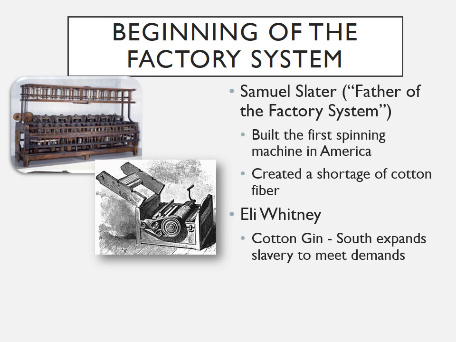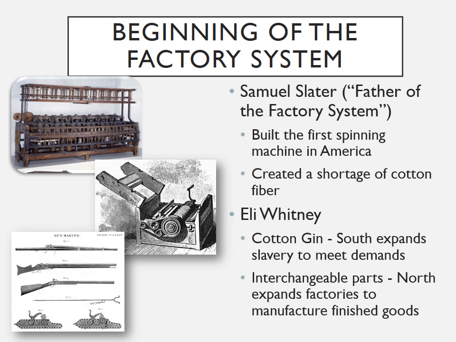So this is where he came up with the idea of interchangeable parts. Machine-made parts that could be replaced if they broke. And he did this with one of the U.S. Army's rifles. And this idea then expanded to factories where they could now use these machine-made parts to help manufacture finished goods.